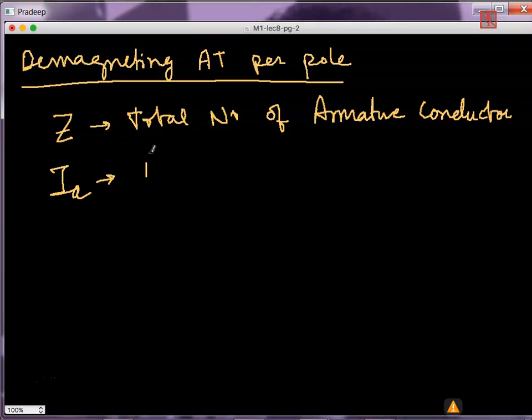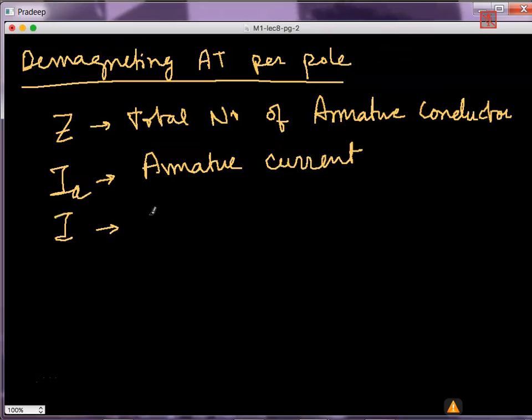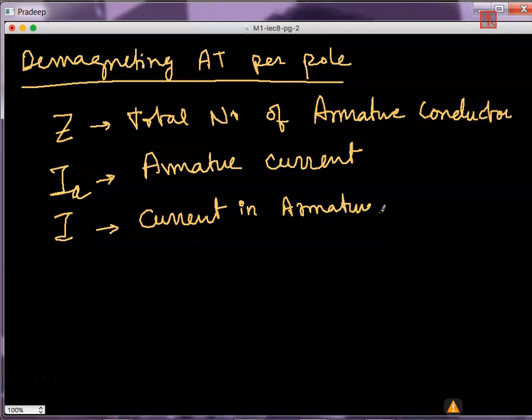IA is armature current. I is current in armature conductor.